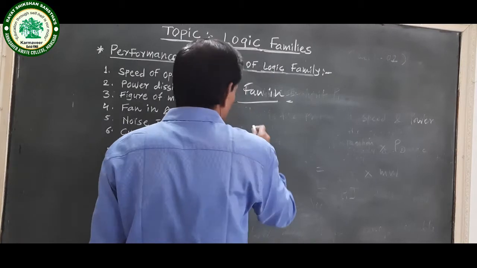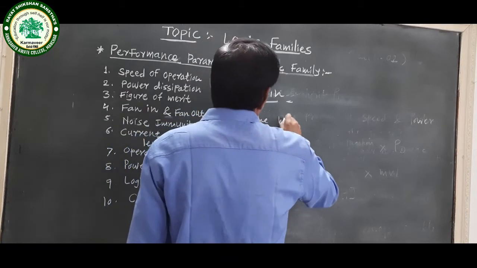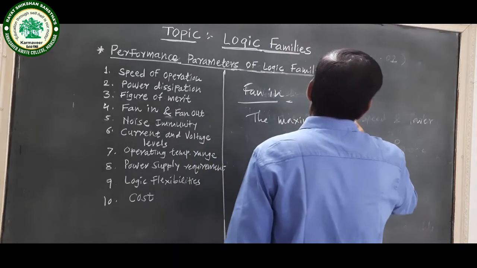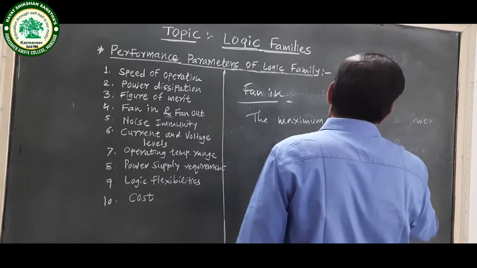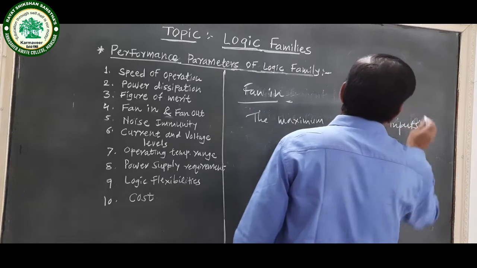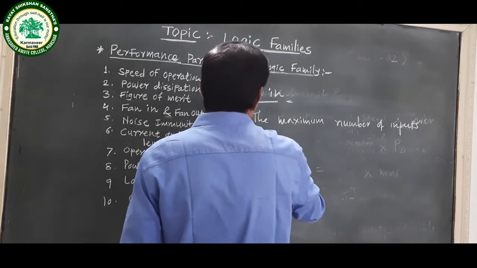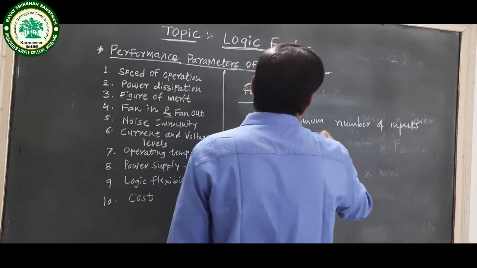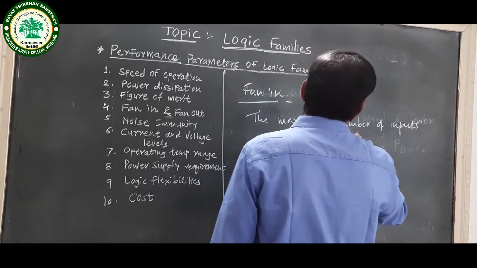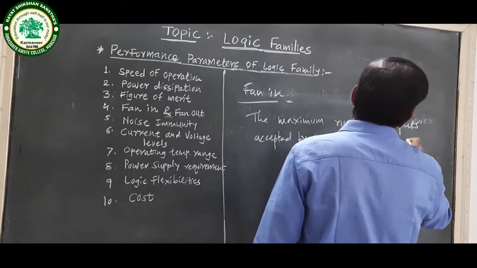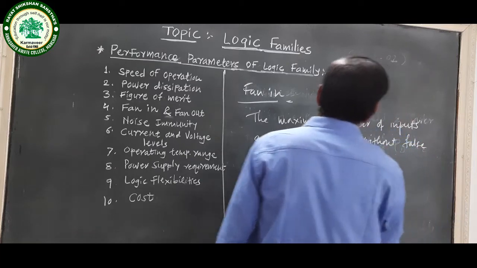Fan in: the maximum number of inputs accepted by the gate without false triggering.